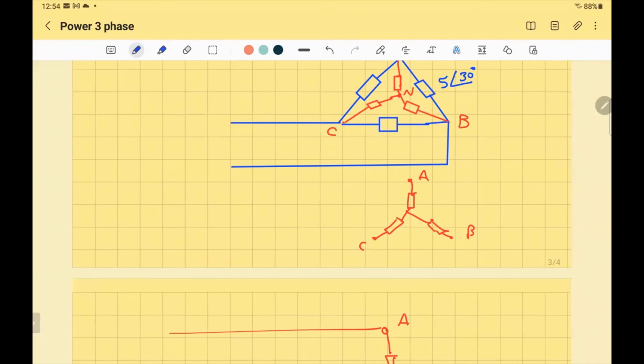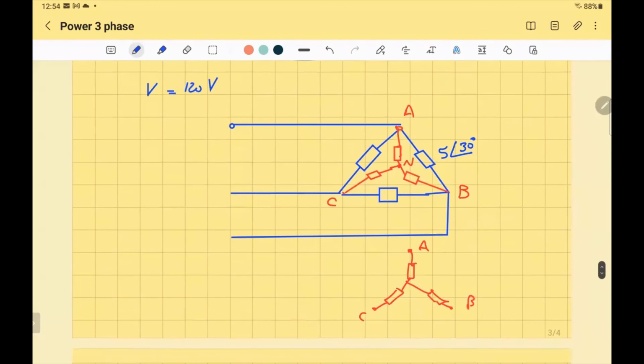I'm not going to go through the hassle, but because we have a nice balanced system, all three impedances are equal. When you want to convert it to Y, just divide it by 3. So to make it easy, let's change the example and give a nice number.